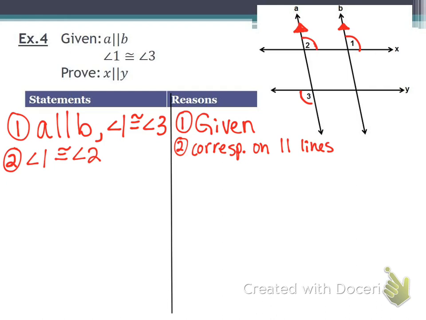Good, we could say that angles, I think somebody said it, 2 and 3 are congruent to each other. I would take a couple different reasons for this. What do you think one of them is? That I would not take. I would take transitive, or I would take substitution.